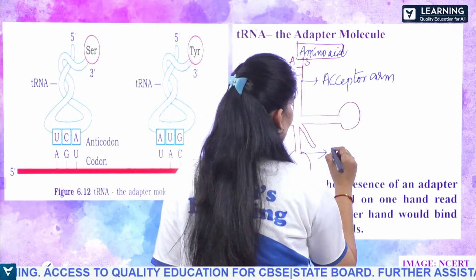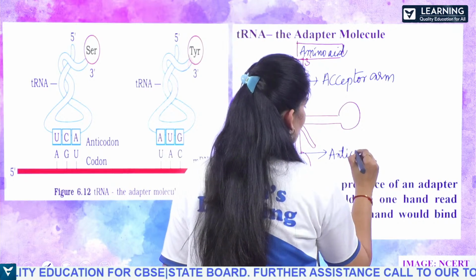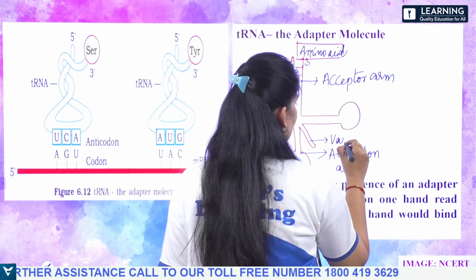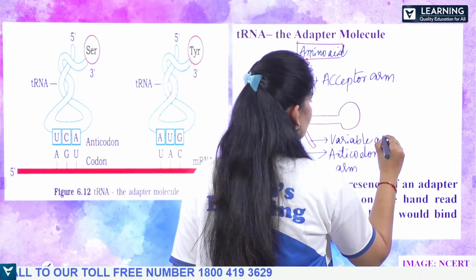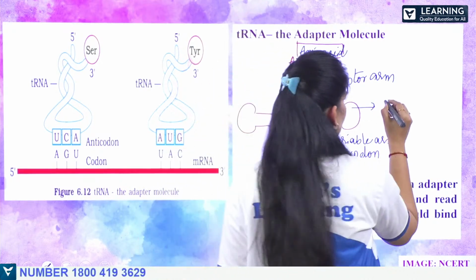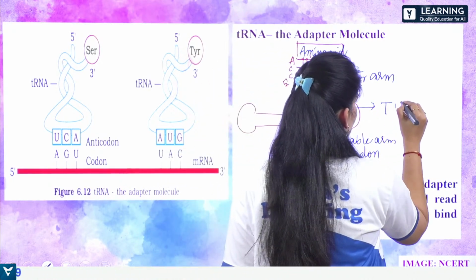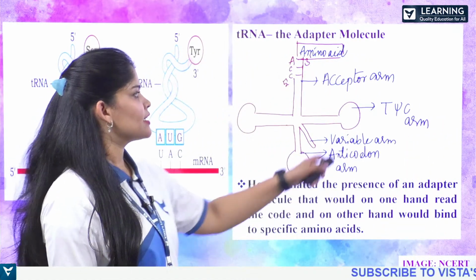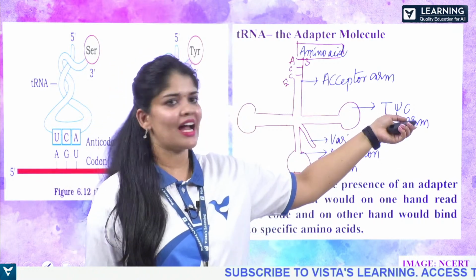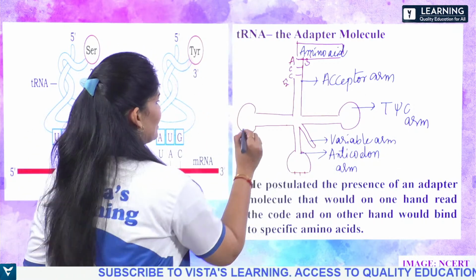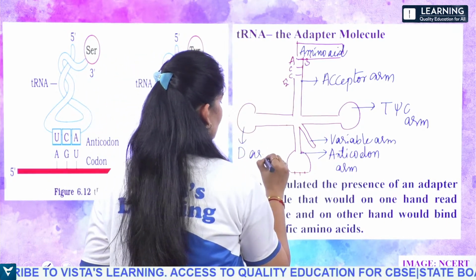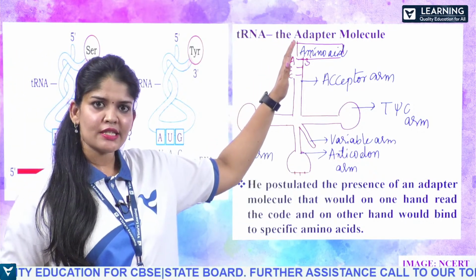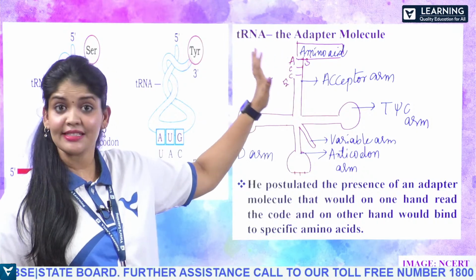Opposite to that, we have the anticodon arm. We have the variable arm. We have the T psi C arm, the pseudouridine, thymine, pseudouridine and cytosine containing arm. Similarly, we have the dihydrouridine arm.